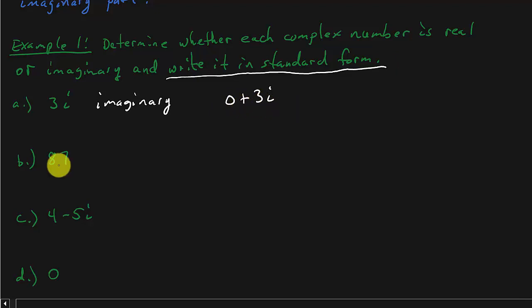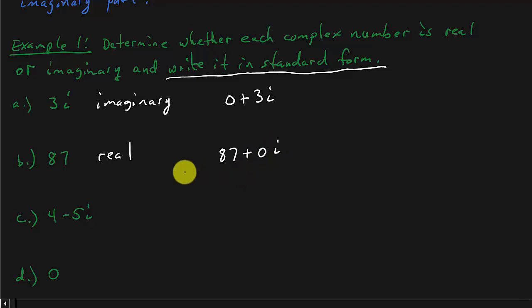All right, let's look at the next one. 87. So is that real or imaginary? Well, there's no b term, is there? There's no b times i. This is real. And to write it in standard form, that would be 87 plus 0 times i.